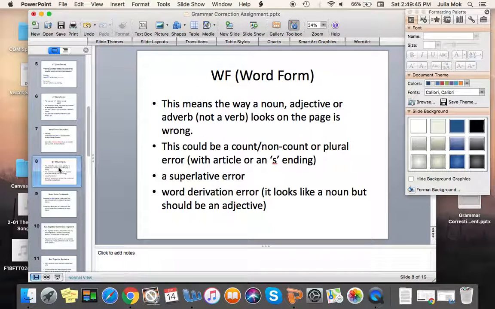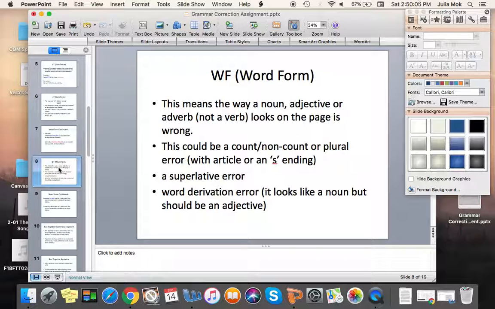Next, we have word form errors. This is a very common category of error because it really can be with a variety of parts of speech, and it just happens a lot.